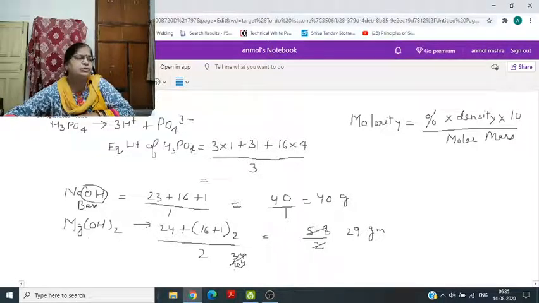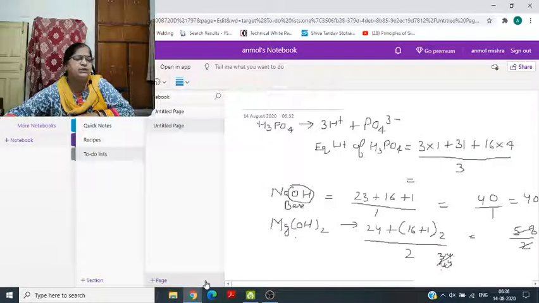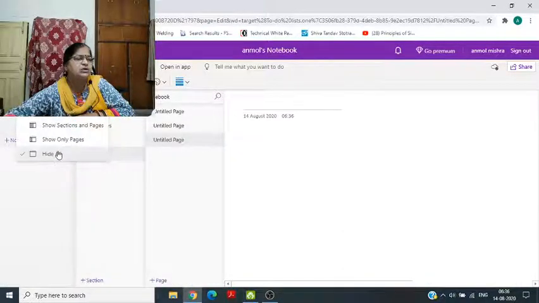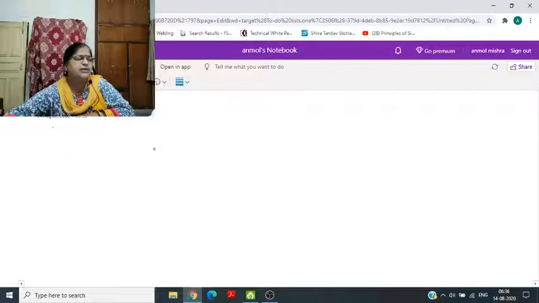Now suppose two different solutions are mixed together and we have to find the molarity of the mixed solution. Then we use the law of chemical equivalence.